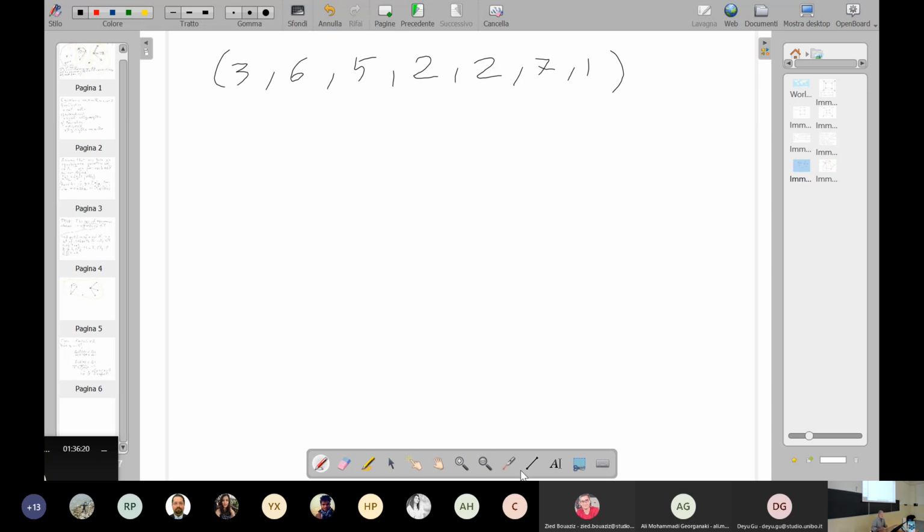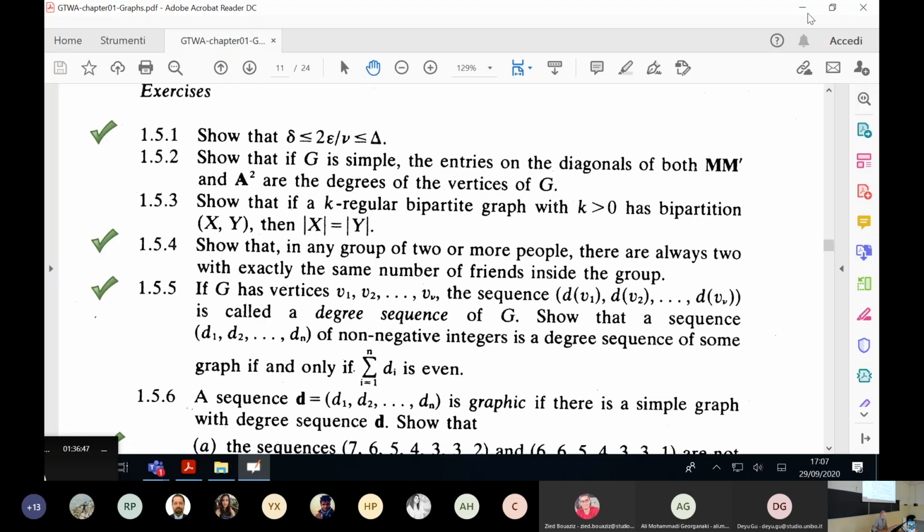You must give me a procedure which accepts any sequence of non-negative numbers whose sum is even, and produces a graph with that degree sequence. So I'll solve it next time, but I do want you to try 5 minutes to solve this problem. I hope that now the problem is clearer.